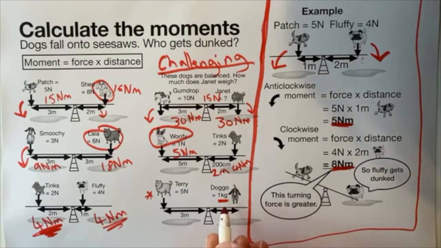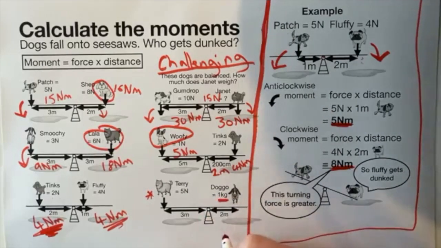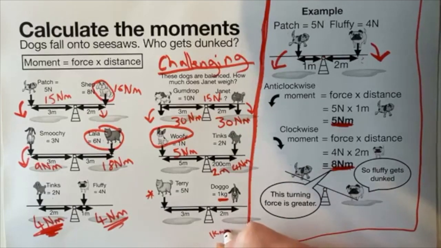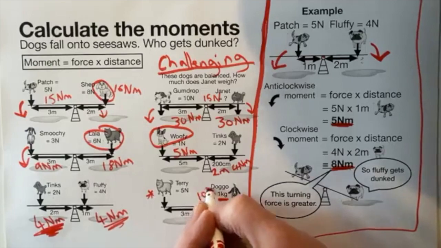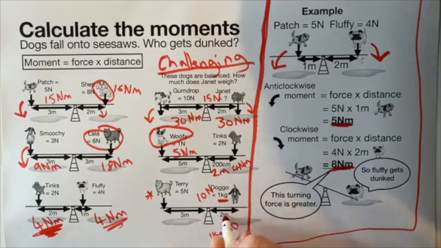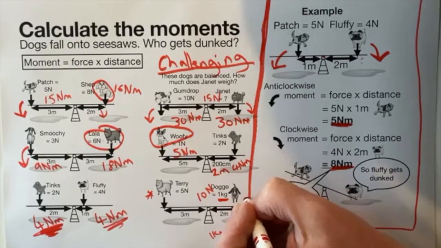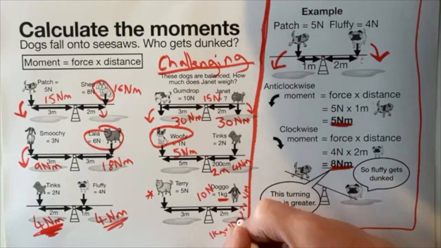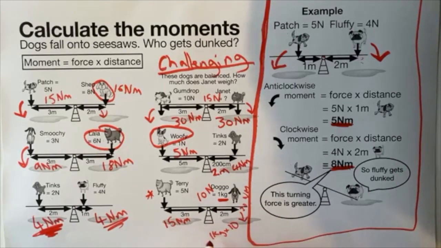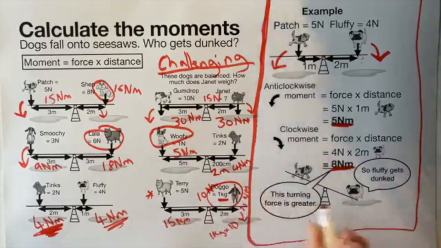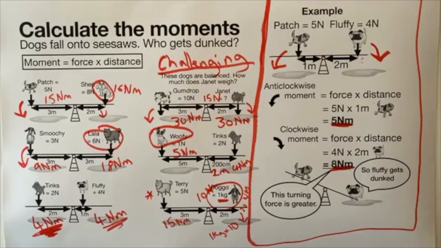On the moon it's less, on Jupiter it's more. So if you times 1 kilogram by 10, you get Doggo's weight, which is 10 newtons, and then it's 10 times 2, which is 20 newton meters on this side, and it's 15 newton meters on that side. So Doggo gets slimed, my goodness me.